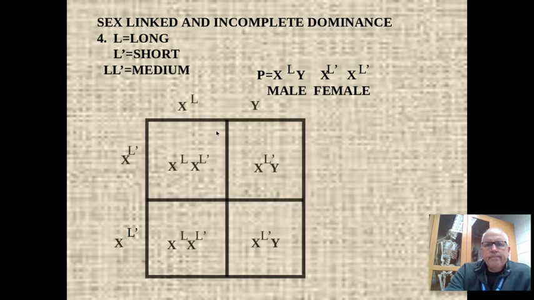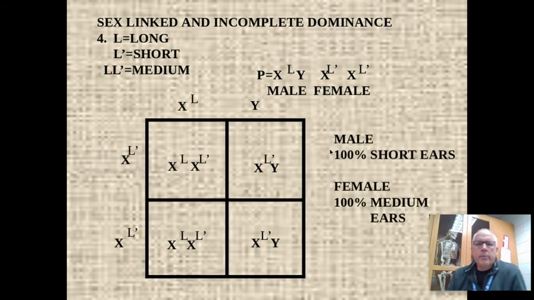Cross them. I get 100% of the males are short ears, and 100% of the females are medium ears. Kind of different. You cannot have a medium-eared male, right? Because nothing's on the Y. So they're either going to be short or long. They can't be the middle one. Females can.